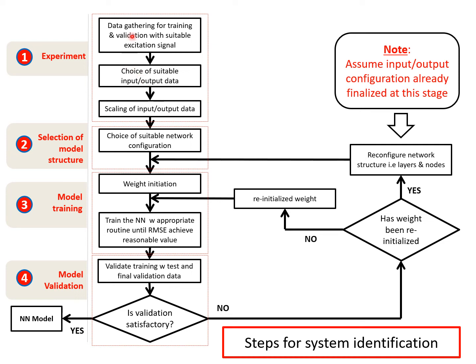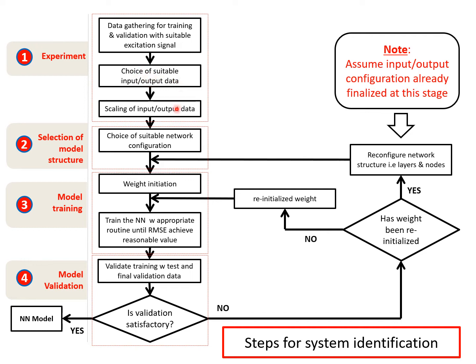This is basically the step that we need to follow. If we follow this closely, then we're going to get a very good, robust neural network. As I said before, first you get data, you generate the data for training and validation with the suitable input-output signal. Decide what are the inputs and outputs that you need to set into the network. There can be many types, many inputs, many outputs.